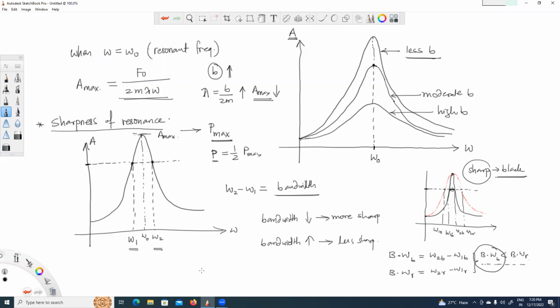Whatever we have studied is a kind of qualitative behavior, right? Bandwidth is more, it is less sharp; bandwidth is less, it is more sharp. But how sharp and how less sharp? This can be quantified by using the Q factor. You must have studied the Q factor in electrostatics or AC circuits with the series LCR circuit.